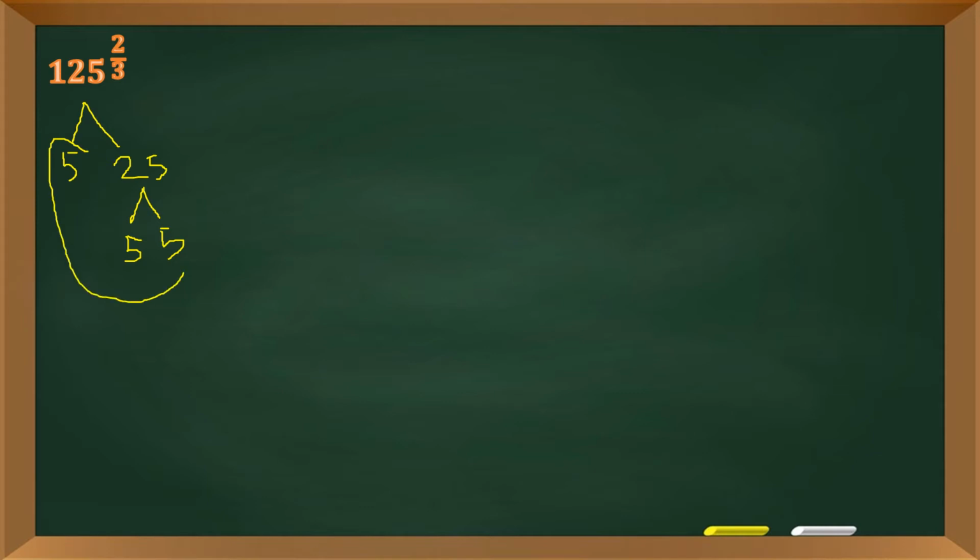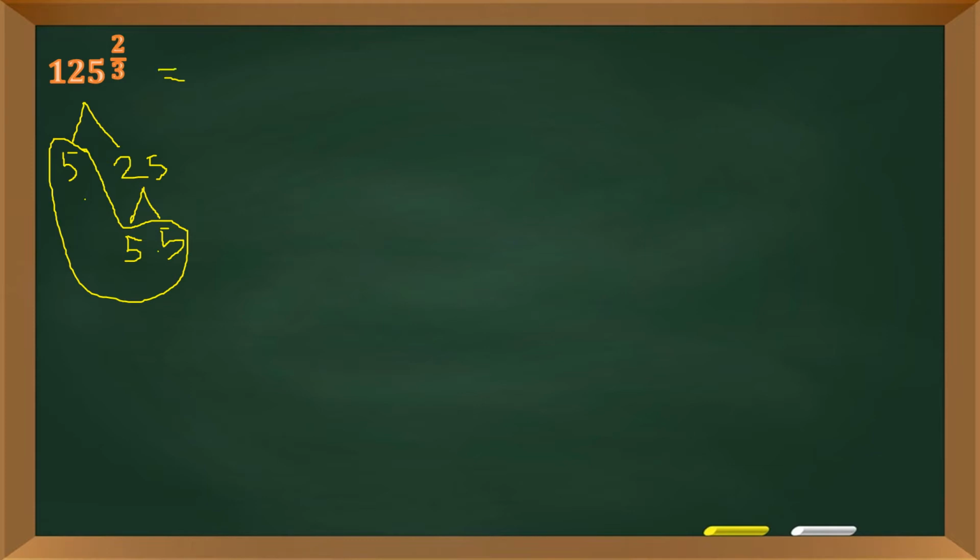And how about this? 125 raised to 2/3. Again, 125 can be factored as 5 times 25. But 25 is not yet a prime factor, and of course it can still be broken down into smaller prime factors, which is 5 times 5. So we have these three 5's.